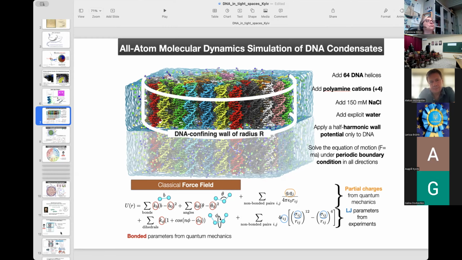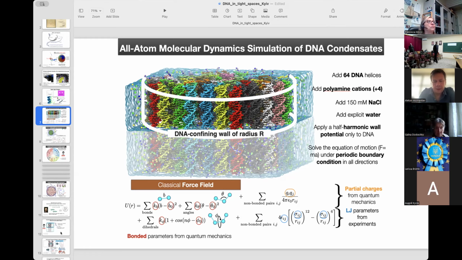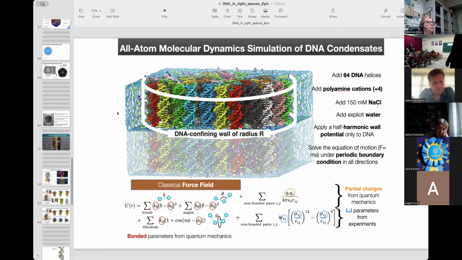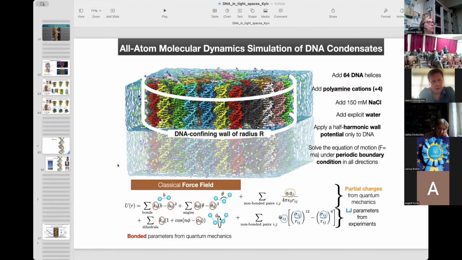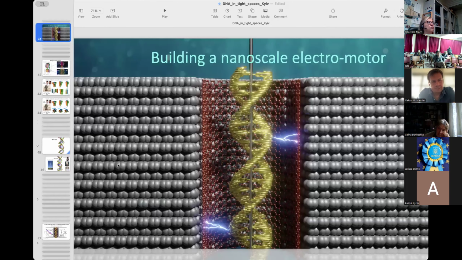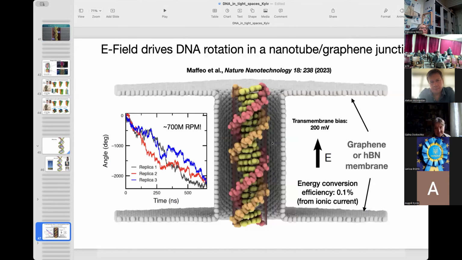Thank you. I'd like to ask about the electromotor, and in particular, I'd like to know, are there any minimal electric potentials to provide a stable net spin rotation of this DNA molecule, or part of the DNA?